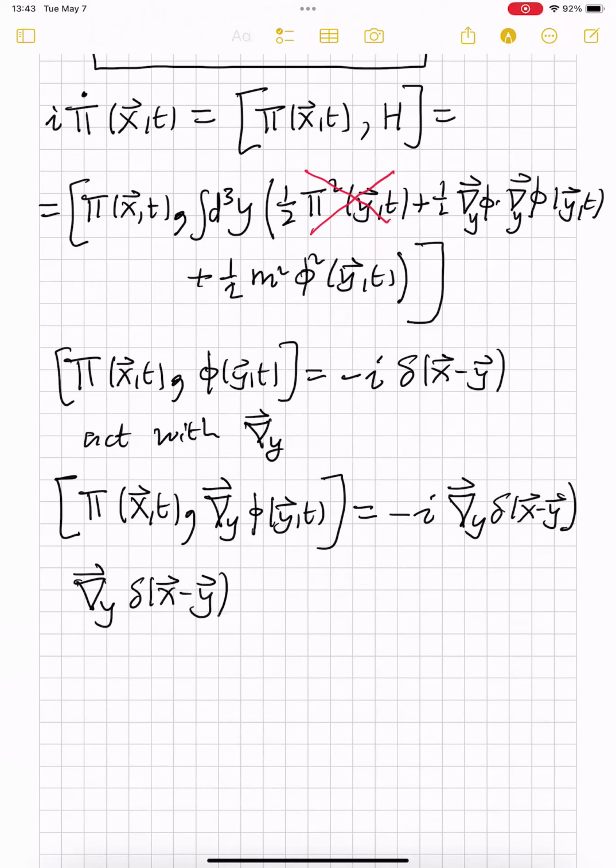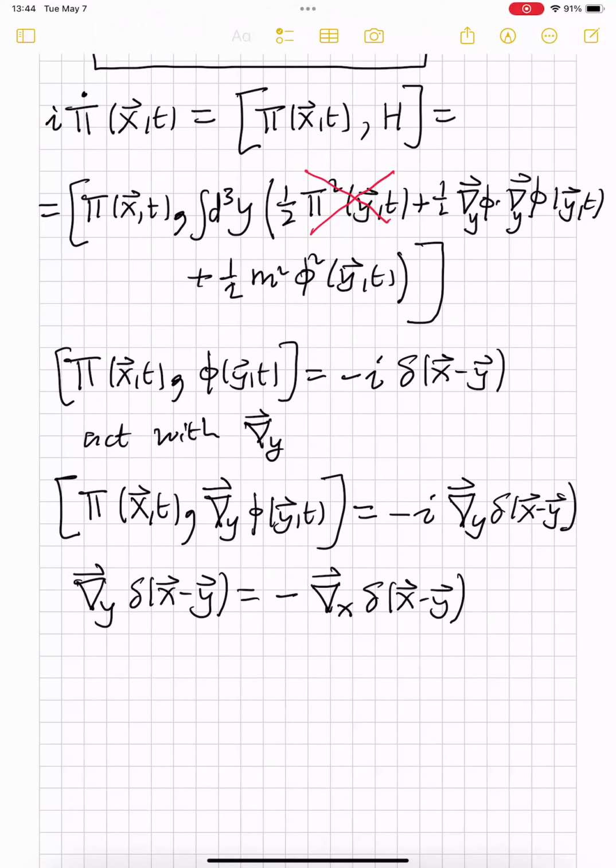Because of that, nabla acting with respect to y on the delta function is minus nabla with respect to x acting on the delta function, okay? And that's because the delta function is a function only of x minus y. So we need to be careful about which variable we're differentiating with respect to.